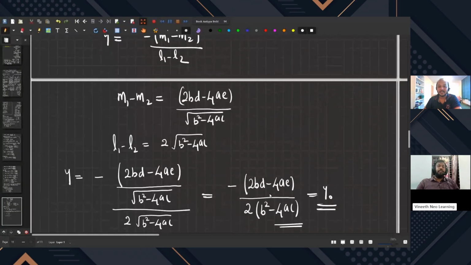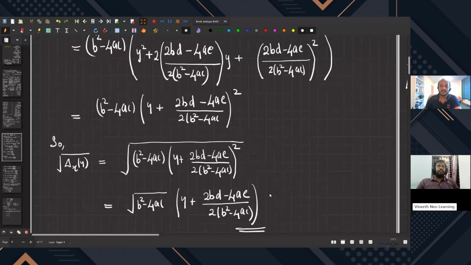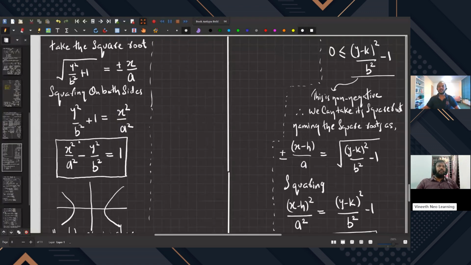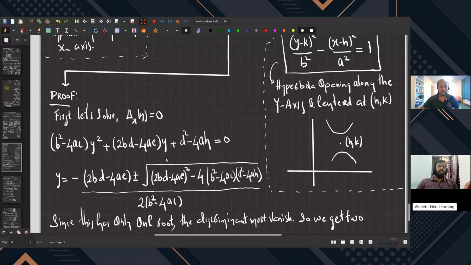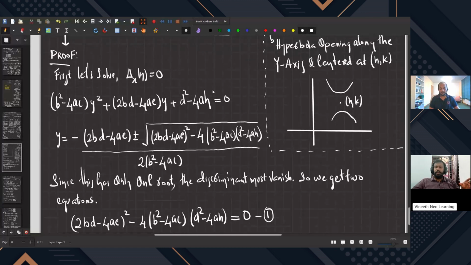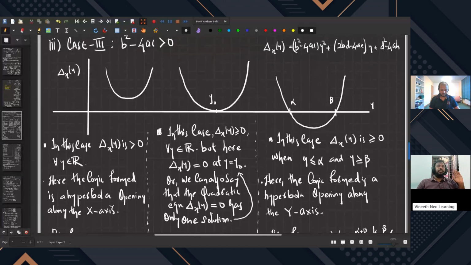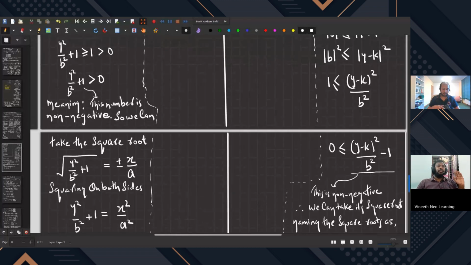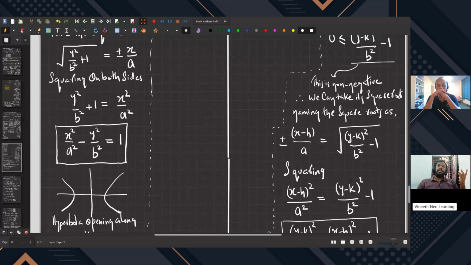Look at what we have been doing here essentially. This was our delta x of y equal to 0. We made it equal to 0 because we know that in this case it becomes 0, and we named that point y naught.